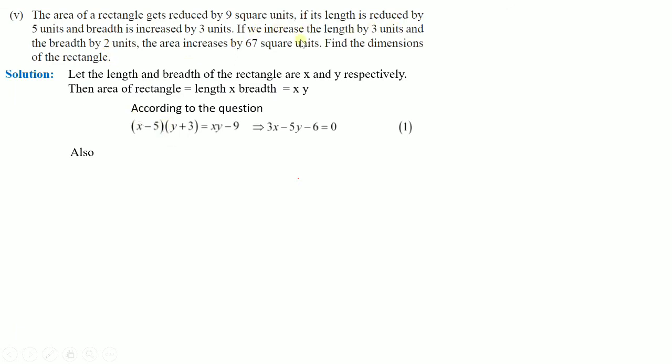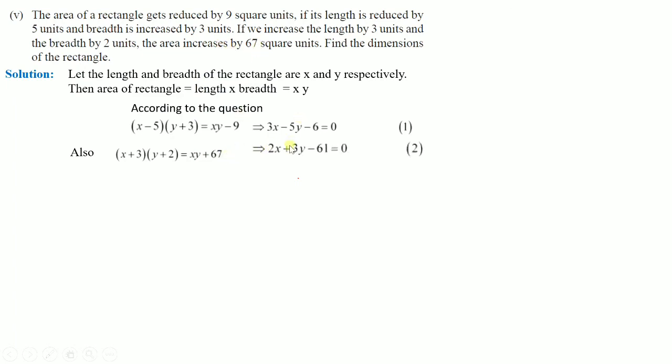Then the area increases by 67 square units, that means xy plus 67. So x plus 3 is the length and the breadth is y plus 2, length into breadth is the area, and the old area, xy, will be increased by 67 units.